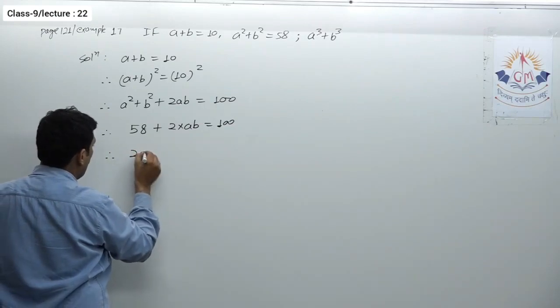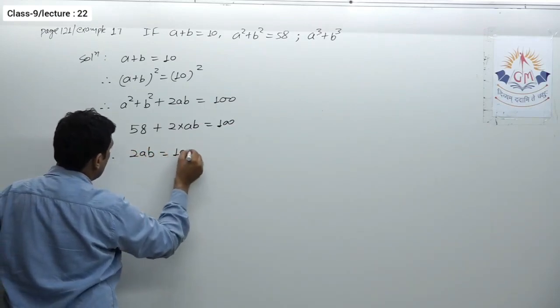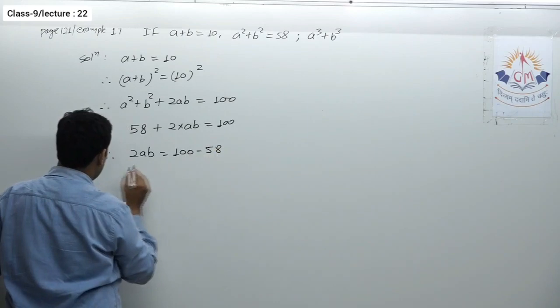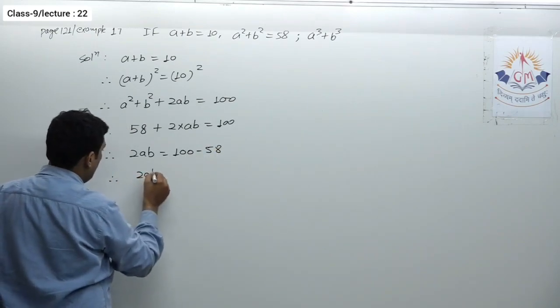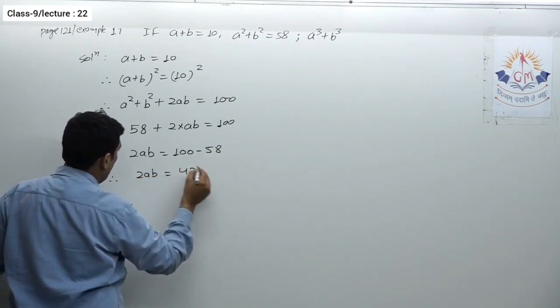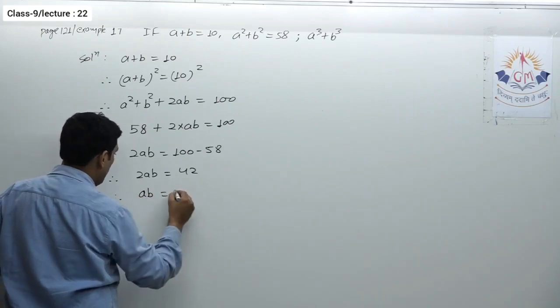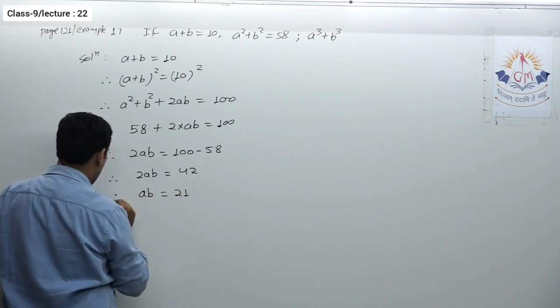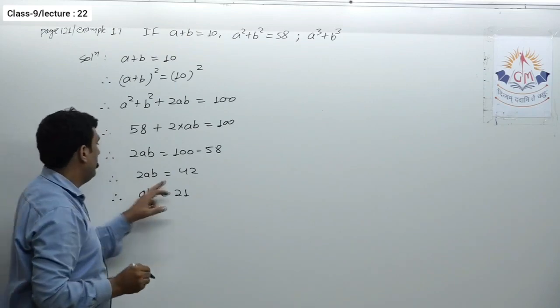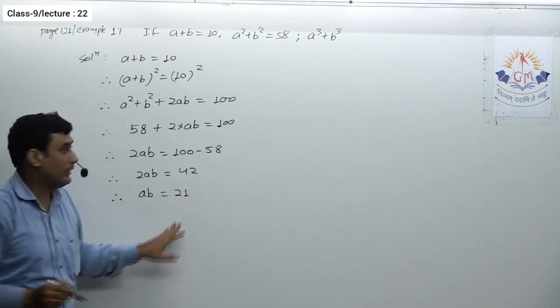So I can write 2ab is equal to 100 minus 58, that is 2ab is equal to 42. So ab is equal to 21. 42 upon 2, so the value of ab is 21.